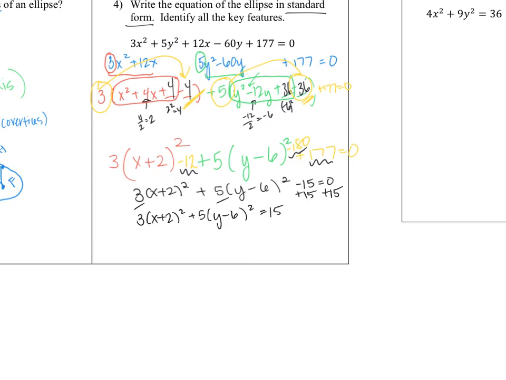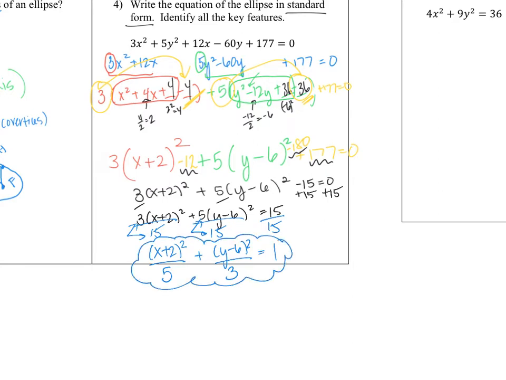Then I'm going to divide everything by 15, and that becomes x plus 2 squared over 5, because 3 and 15 reduces to 1/5. Then it will be plus y minus 6 squared over 3, because 5 and 15 reduces to 1/3, equal to 1. Now I have my nice form for my ellipse. This is the standard form.